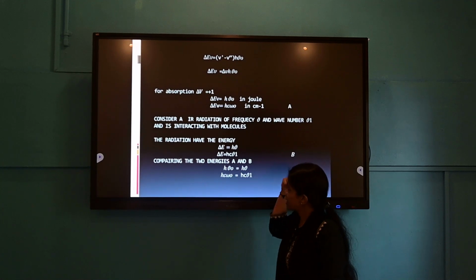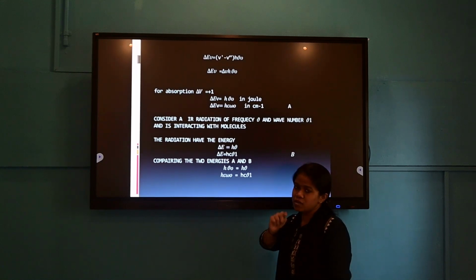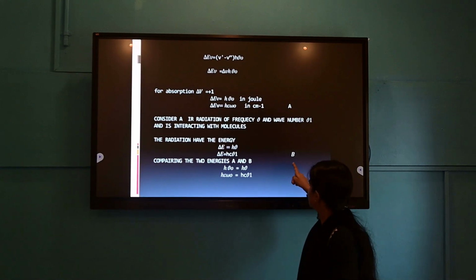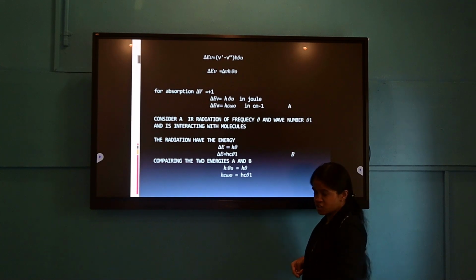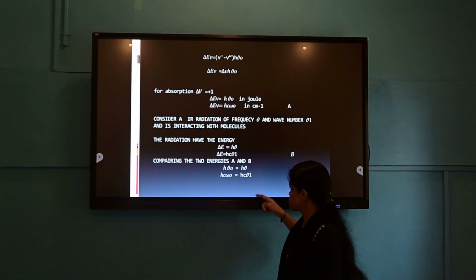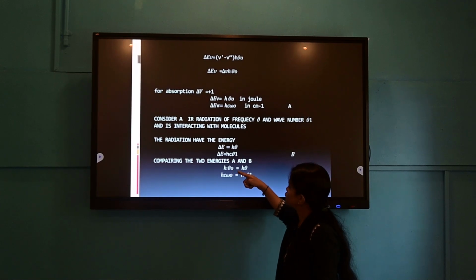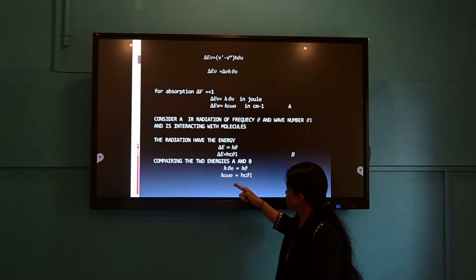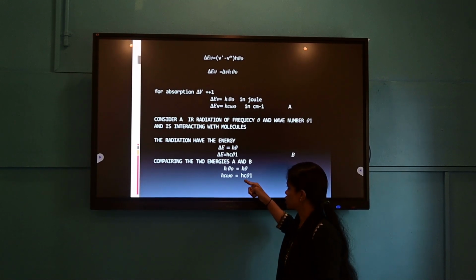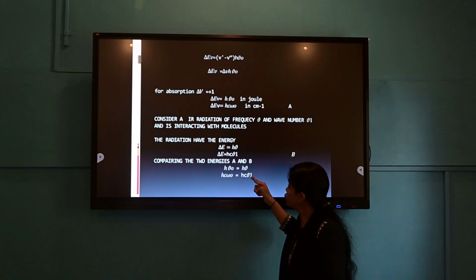We can transform it into wave number terms: delta E is equal to hc nu 1. This is the B equation, and the other is the A equation. These two are energies, so we can compare them: h nu 0 is equal to h nu in terms of joule, and in terms of wave number, hc omega 0 is equal to hc nu 1.